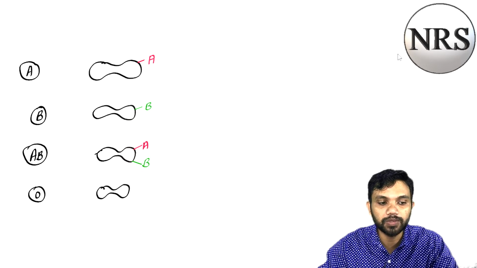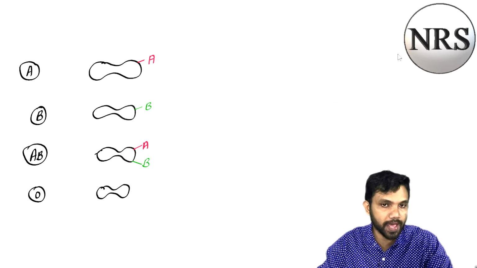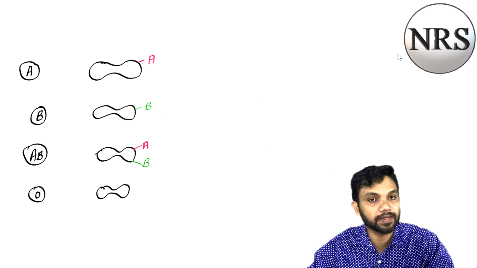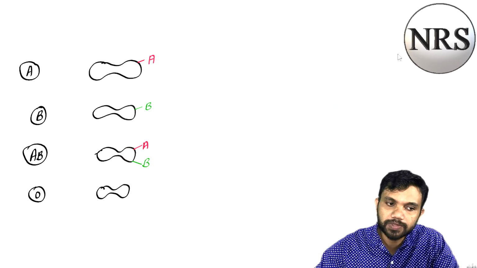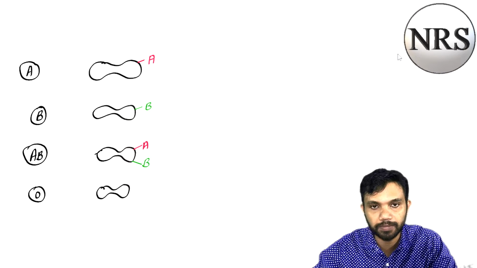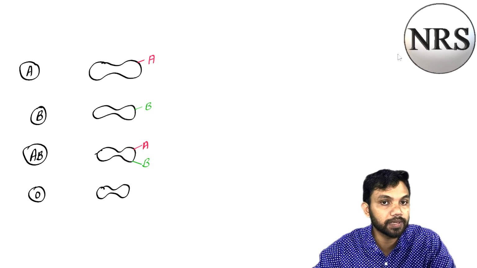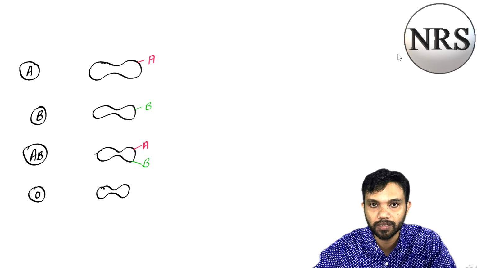O doesn't mean an O antigen. O means there is no antigen, zero. So let's understand much deeper. Suppose this person has A antigen in his RBCs. He knows what A antigen is, but he is not aware of B antigen.